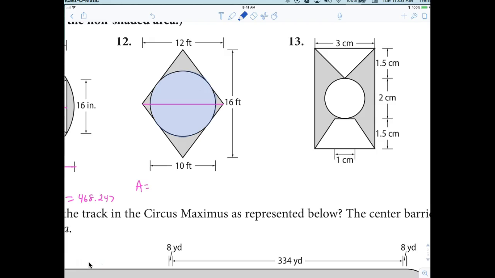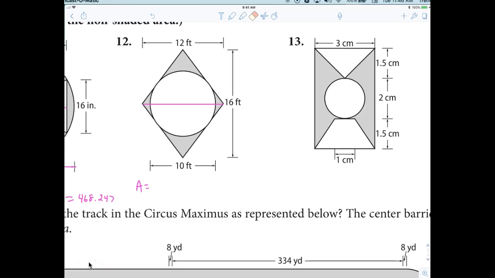Now, watch what I'm going to do. From those two triangles, I am going to cut out the circle. Do you understand why? It's not so much that it's below, it's that the big shape is the triangles. So it's always the large shape minus the smaller shapes.